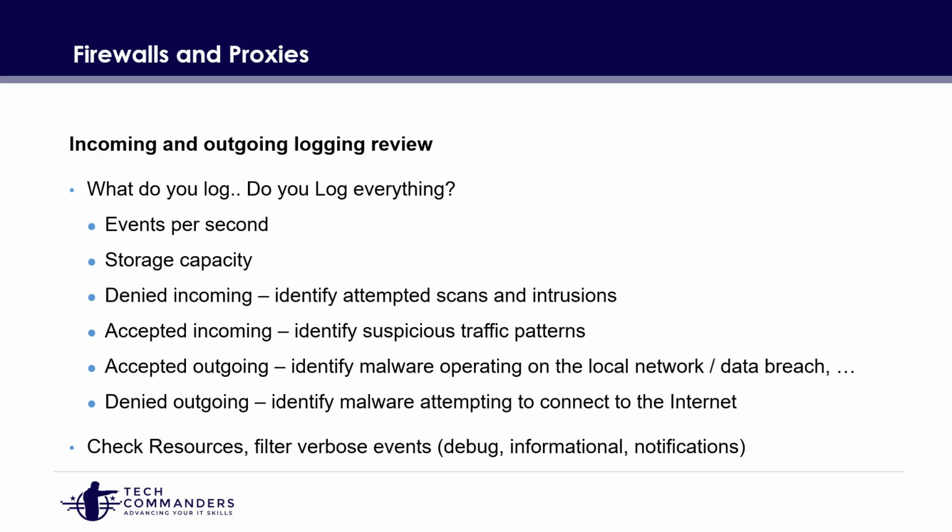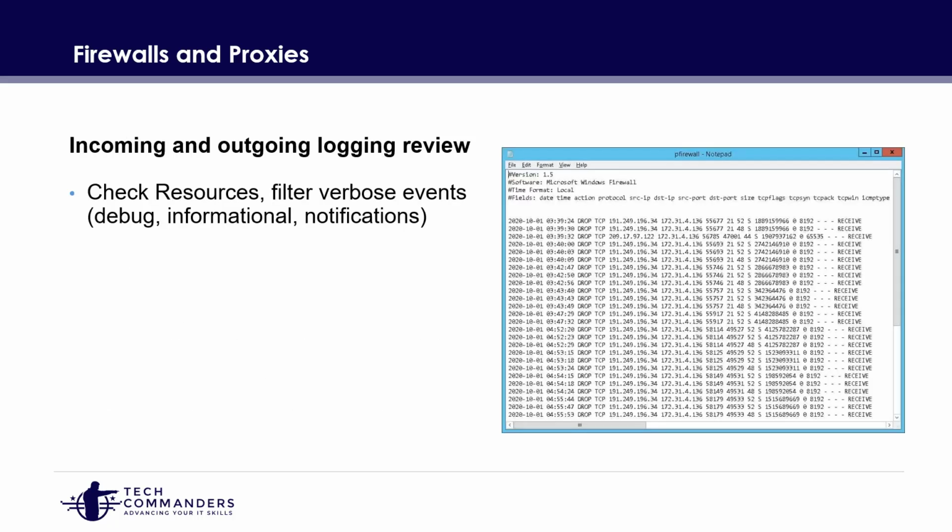We could also look at events like debug, informational, and any other notifications. When it comes to incoming and outgoing log review, we want to filter everything so that we can look at things and get notified as easily as possible.